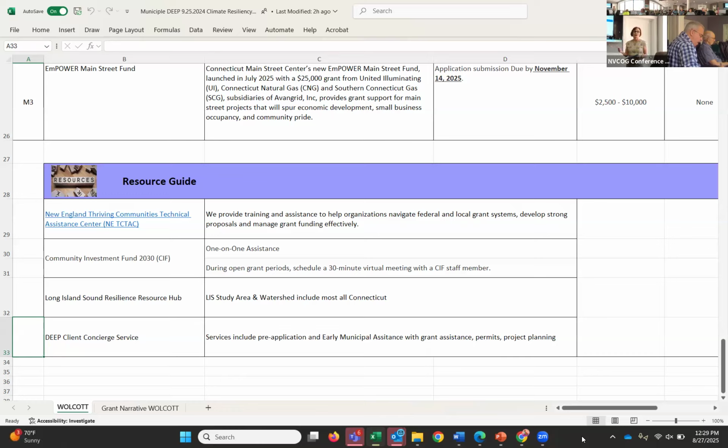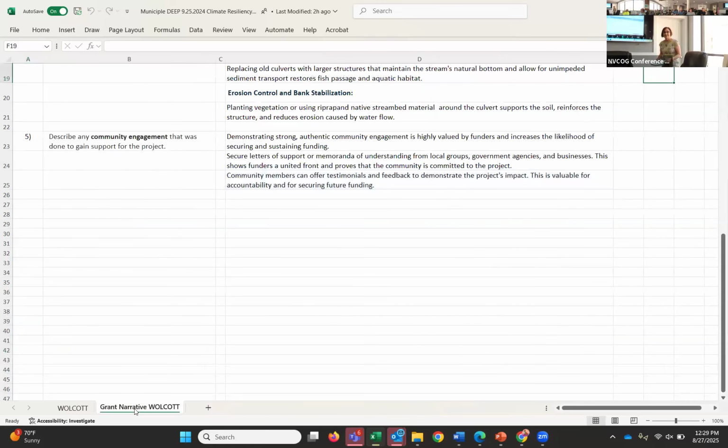So it's been a great process to work with NVCOG, and we're very happy to help any community explore the resources available. I will make these fact sheets from the University of Connecticut CLEAR Technical Assistance Program available, but it's a super resource for anybody. Thank you very much.